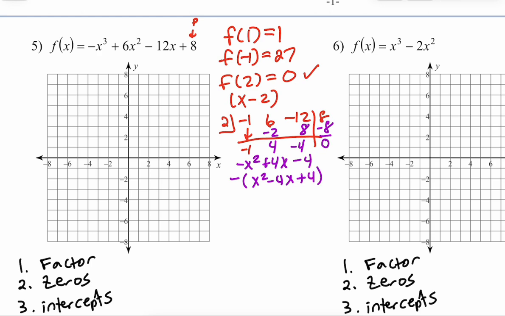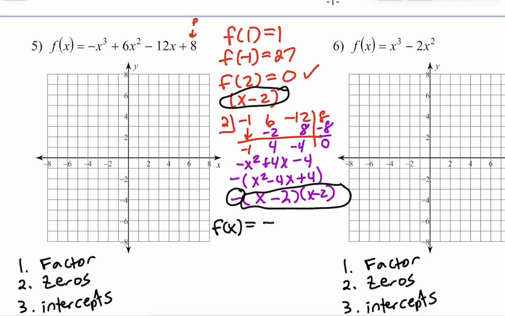It's easier to factor something where our highest power lead term is a positive. Oh, good. It does factor. Yay. That factors to be x minus 2 and x minus 2. So this does factor. Our original function had an x minus 2, a negative, and 2 more of those. So it is negative x minus 2 cubed.